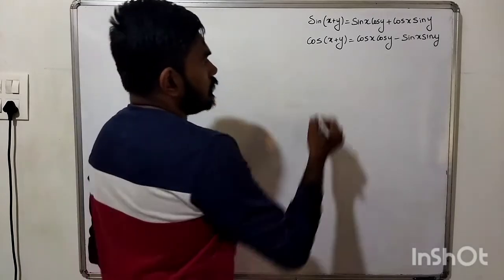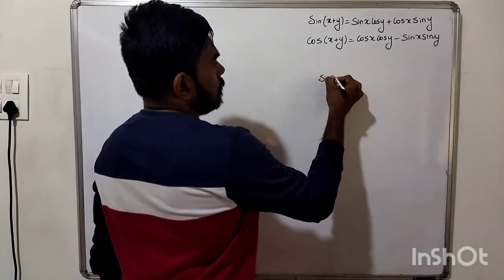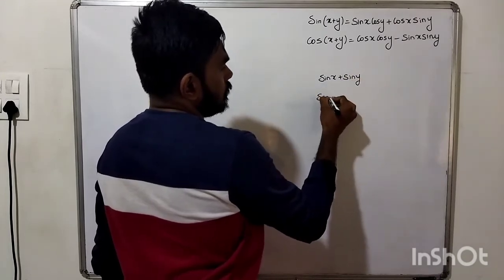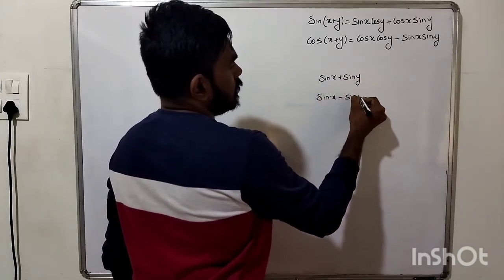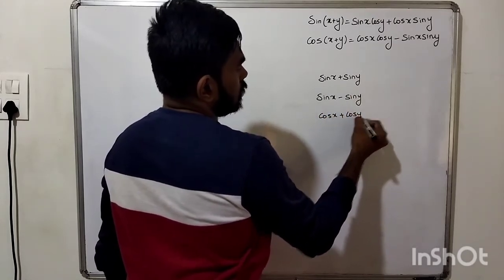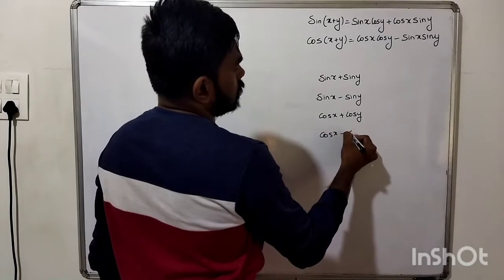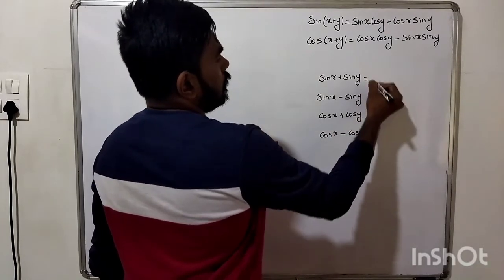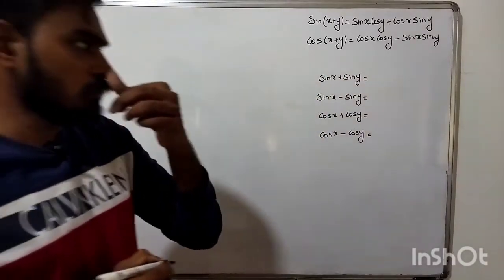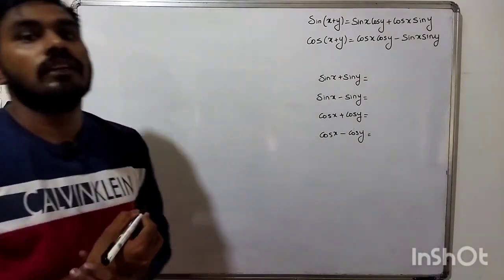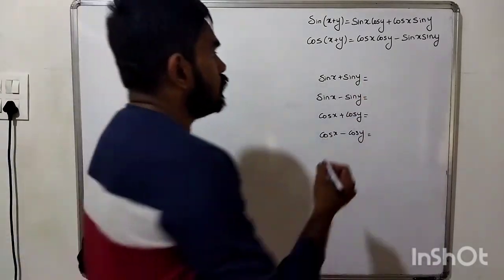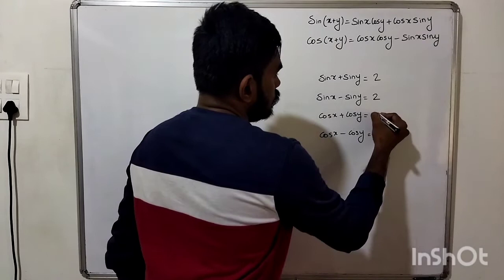Factorization formulae are like this. First, sin x plus sin y, then sin x minus sin y, then cos x plus cos y, and the last one is cos x minus cos y. First is sin plus sin, then sin minus sin, cos plus cos, cos minus cos. In all four, these things are common: 2, 2, 2, 2.